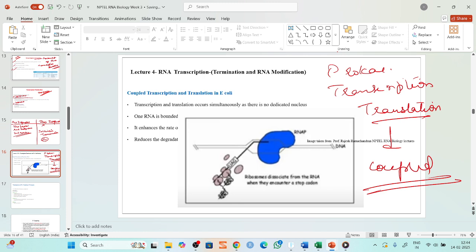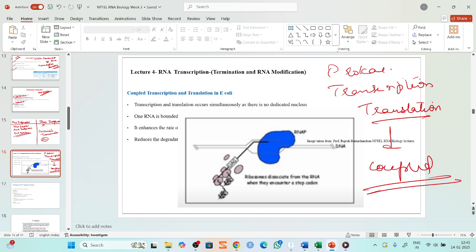So you see, this is your DNA template. This is the transcription bubble, and this is the RNA polymerase which is sitting on the transcription bubble. And this is the RNA which has been formed. Now, this transcription bubble is still walking, still moving over the DNA.